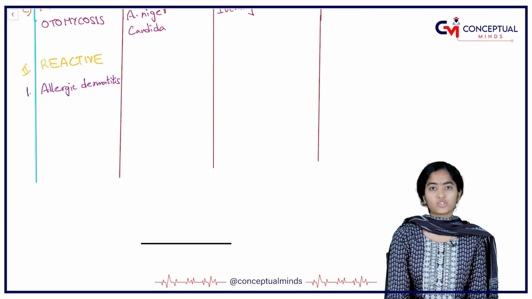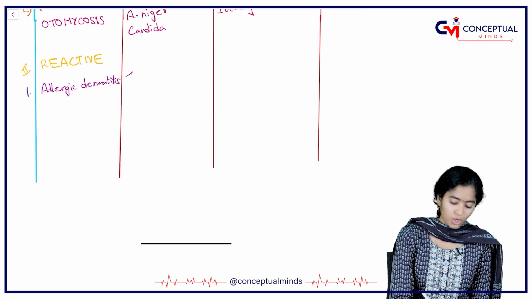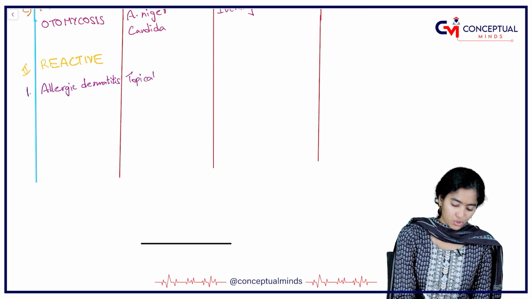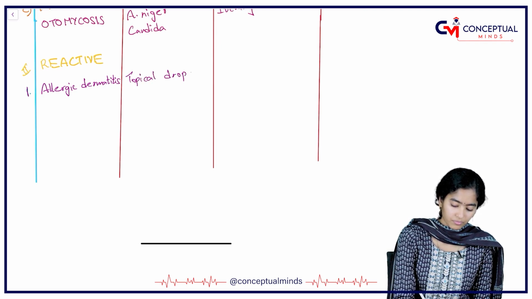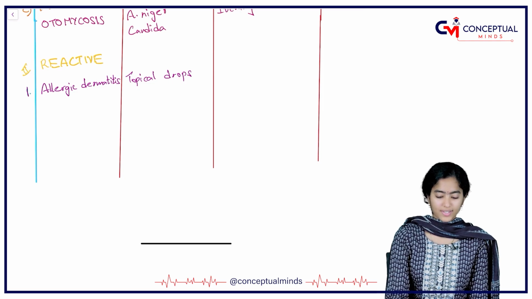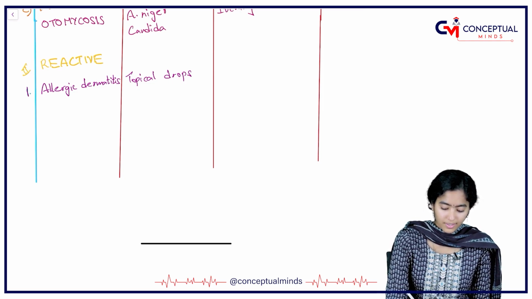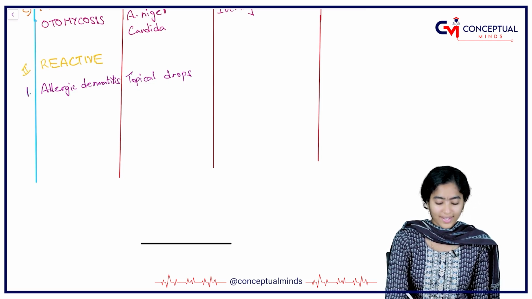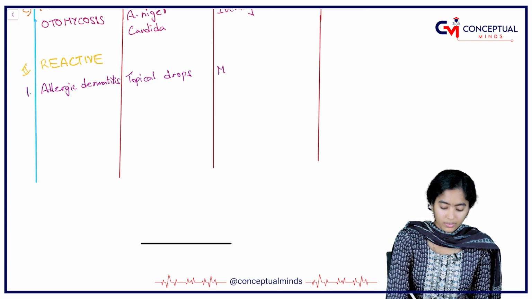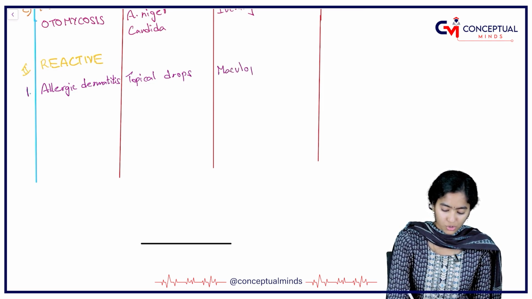Etiology here is allergic reaction towards some topical drops used by the patient. And clinical features are thickening and reddening of the external auditory canal along with a maculopapular rash.